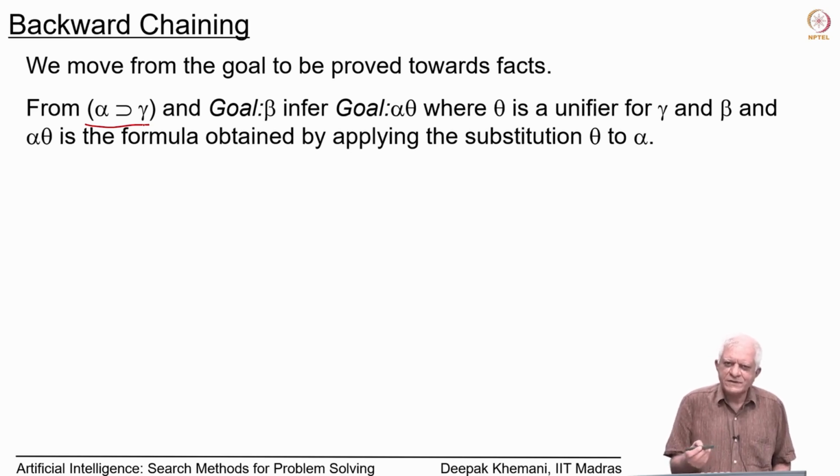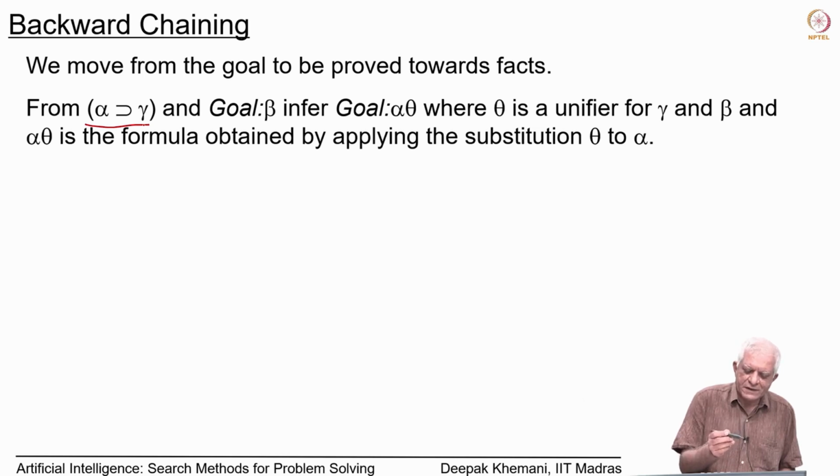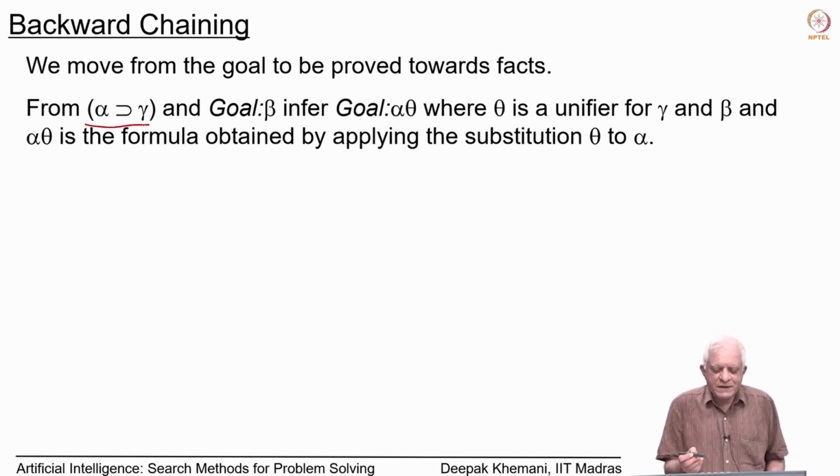It basically means substituting values for variables. Then we could have moved forward to gamma and inferred gamma theta, which means you apply the same substitution, not delta, sorry, theta, to gamma, and that is the conclusion.